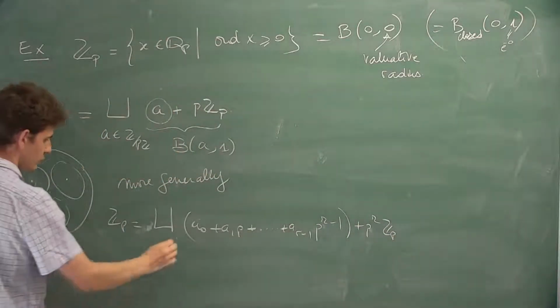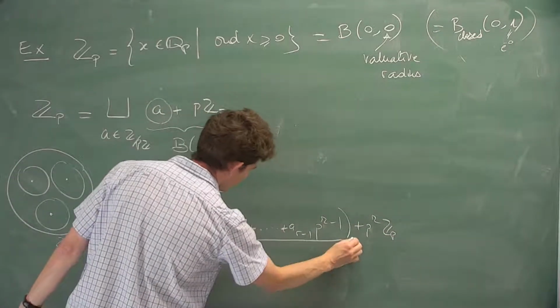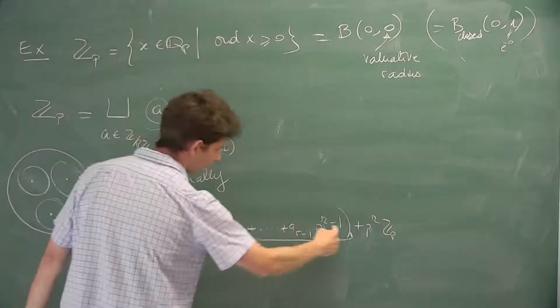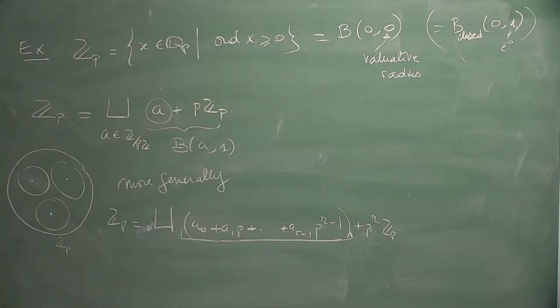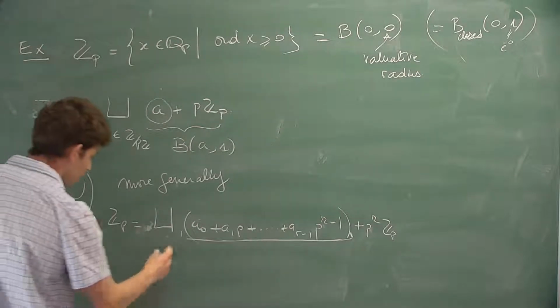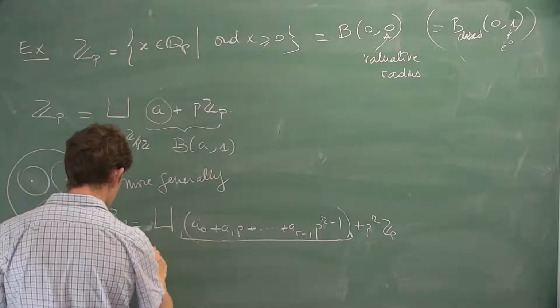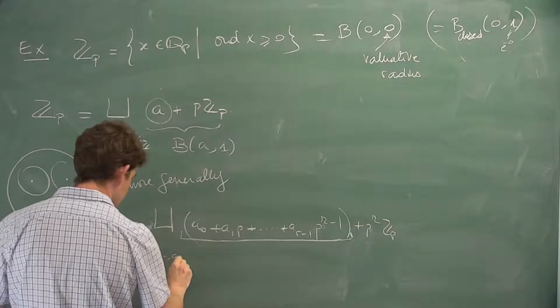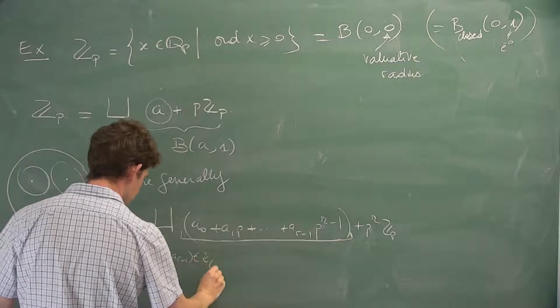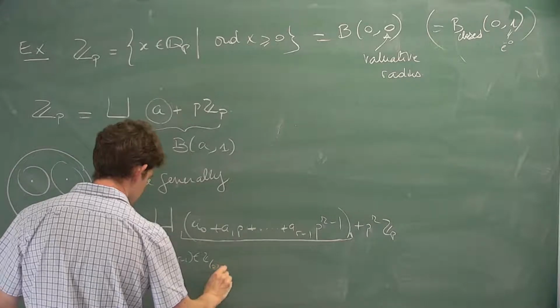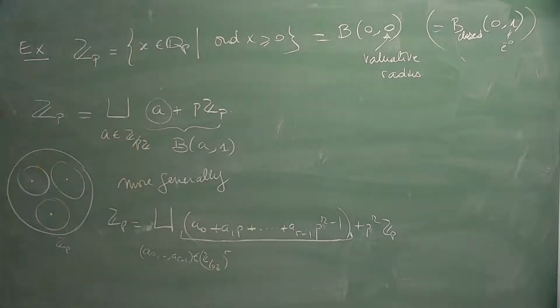So you look at the r first digits of your p-adic numbers. Okay, and this disjoint union is done on a_0 ... a_{r-1} in Z/pZ to the r.